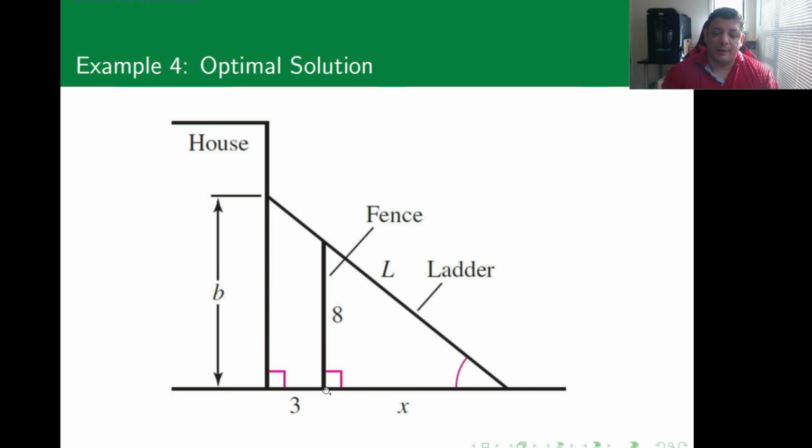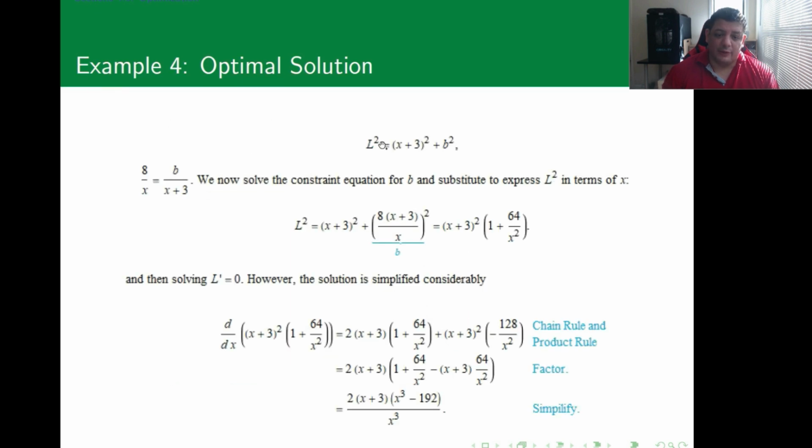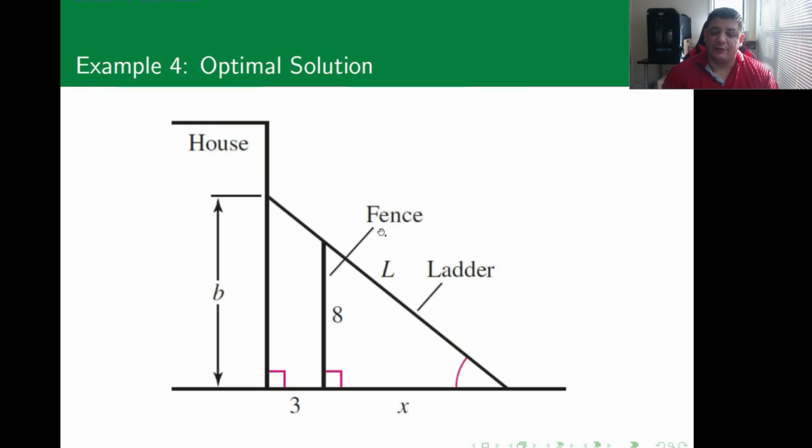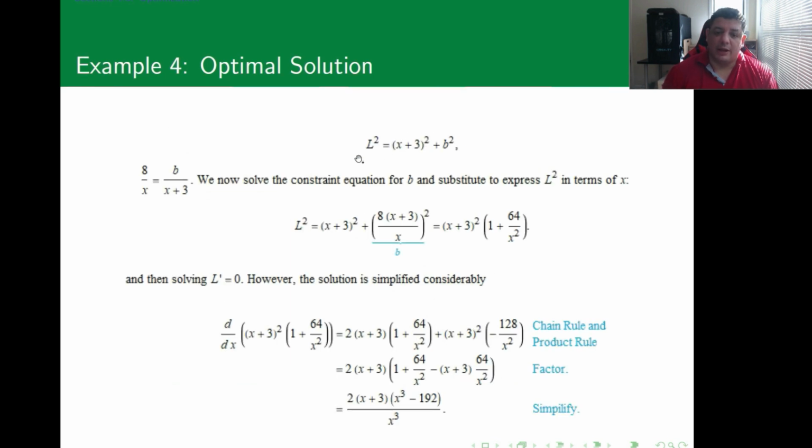We don't know the distance between the base of the ladder and the fence, so we're going to call that X. With this diagram, because we have a triangle, we can say that L squared equals B squared plus (3 + X) squared, which defines that relationship.